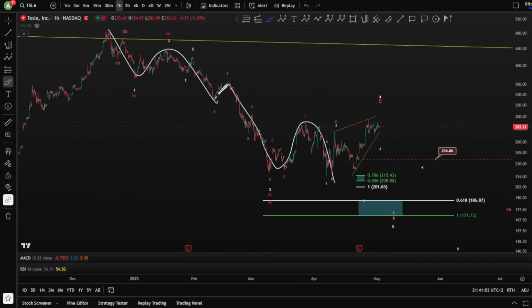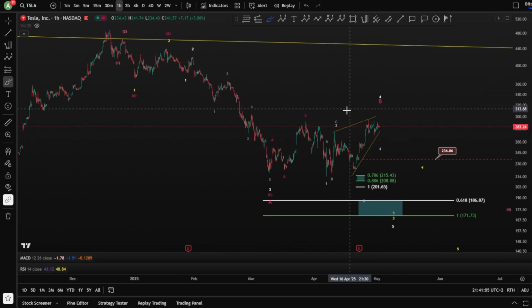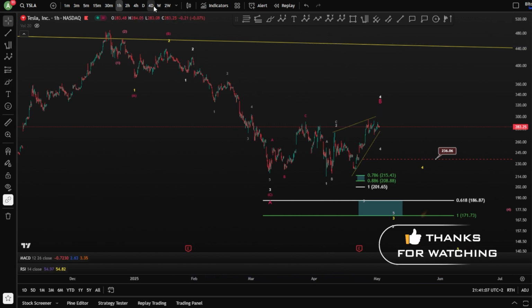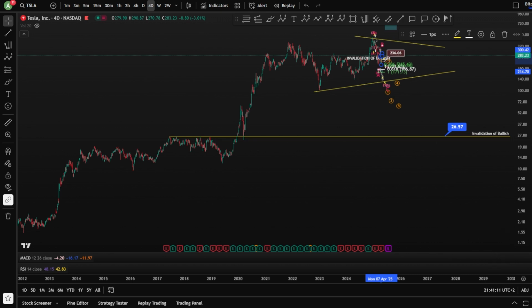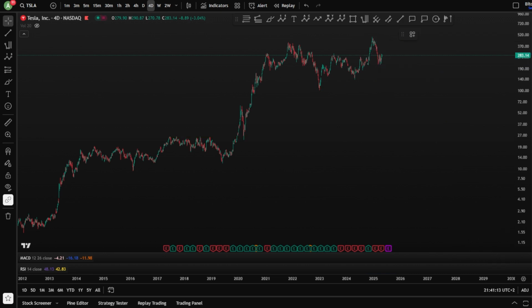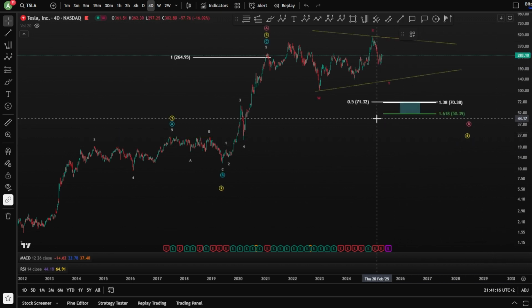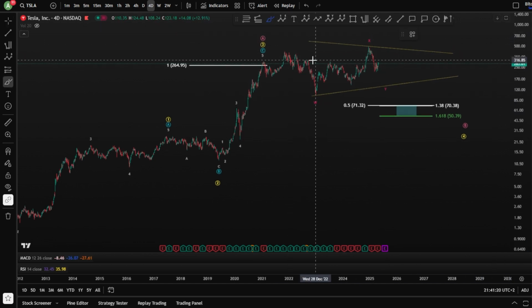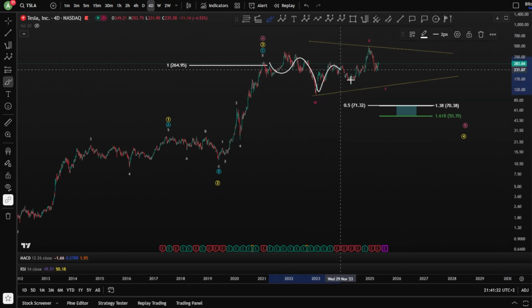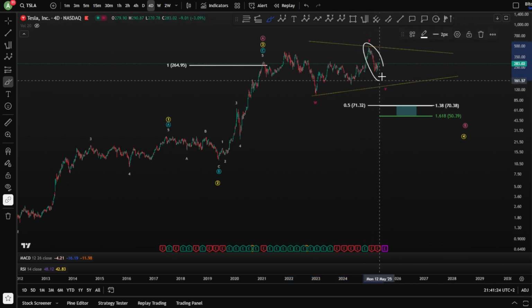I will give it a chance here for a bullish scenario, but that means in a daily, there is a problem with it. What I mean is, on the daily, if you finish here, then you have to consider this is a running flat, right? A running flat, which is a very rare case scenario, finishing 5 waves toward the downside.